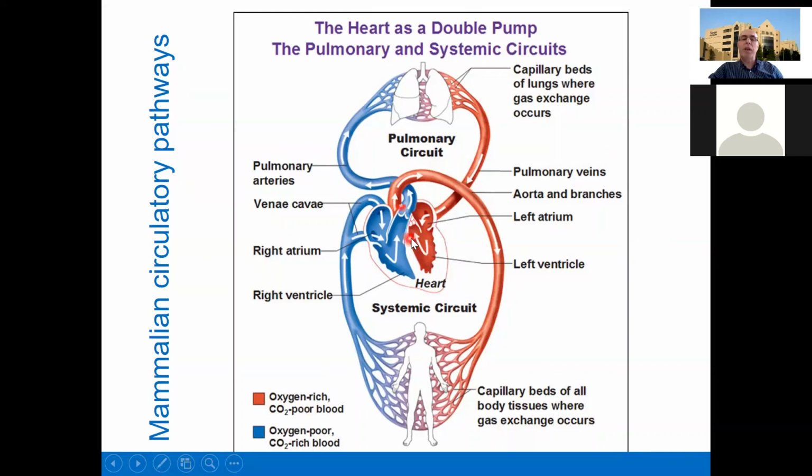From the left ventricle it goes out through the aorta to our entire body, and gives its oxygen and nutrients to the body cells.